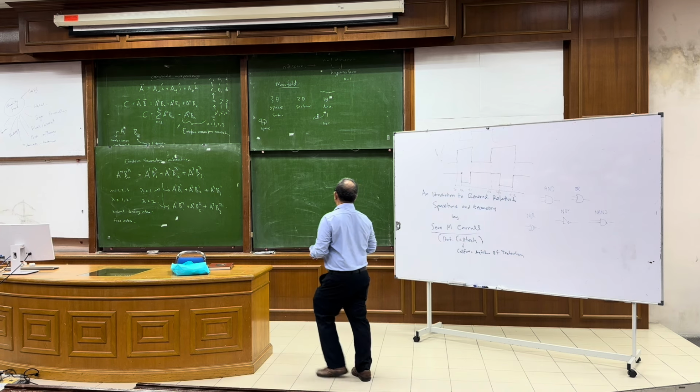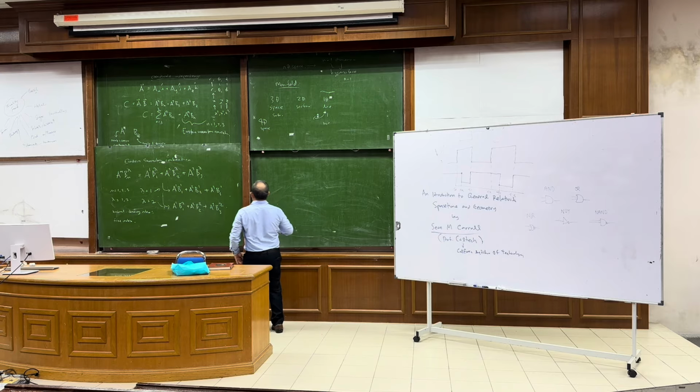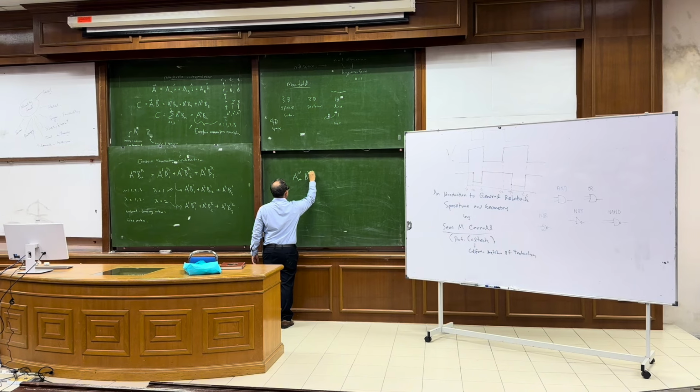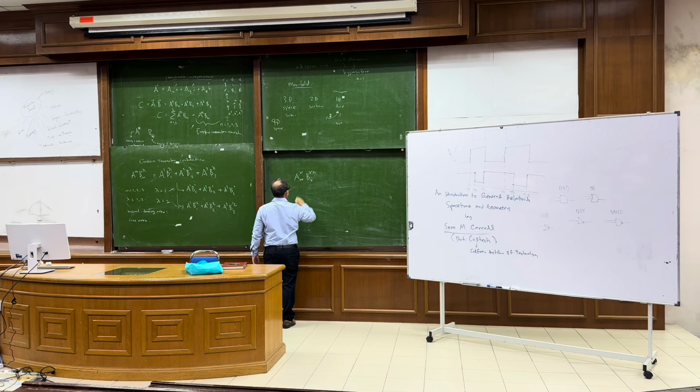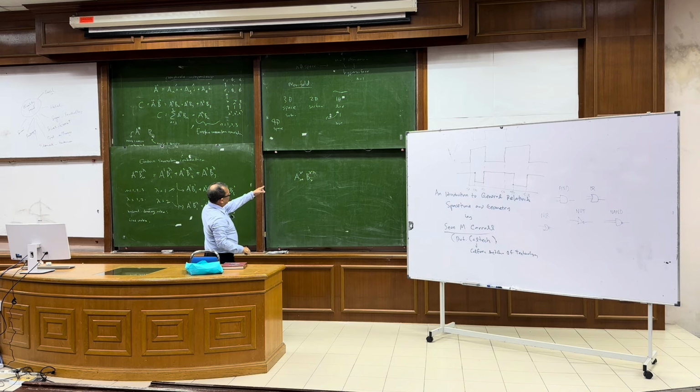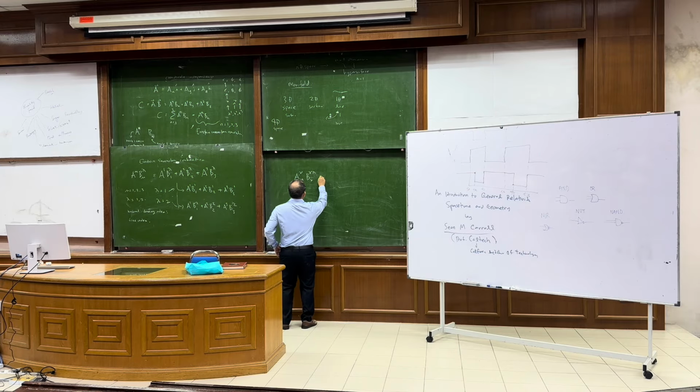What is inner product? Something like this. If you have mu, and then this nu, and then gamma lambda, and then nu. So this is inner product.